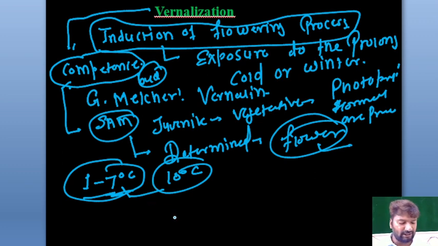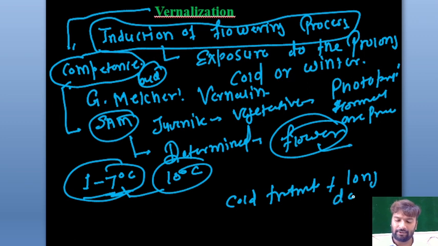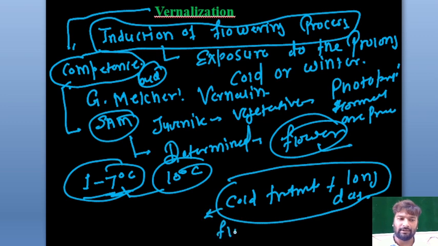And the most common combination is the cold treatment plus long day, which promotes the flowering process. This is about the vernalization. And many monocarpic plants and biennials need the vernalization process for flowering.